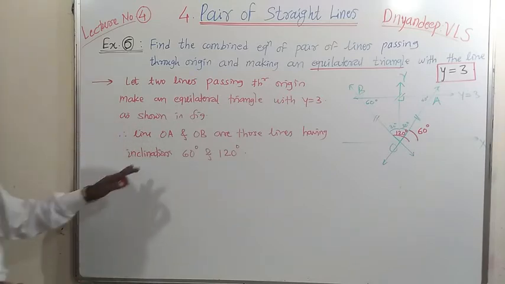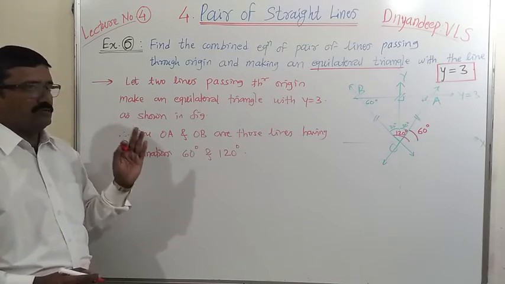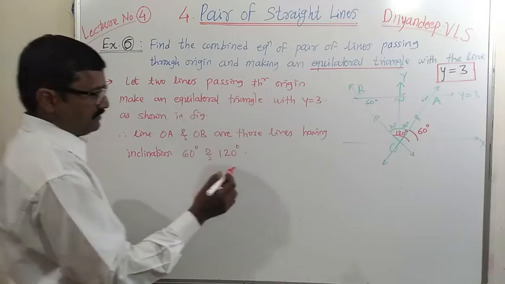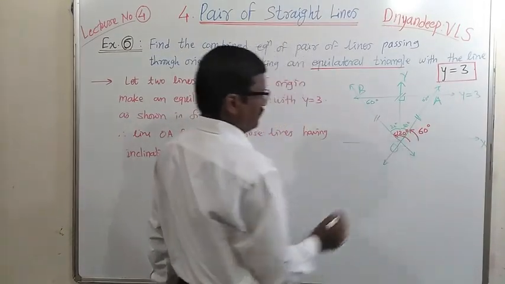These are the inclinations. Inclinations means the angles made by that line with the positive direction of x-axis. Both angles are positive. This is positive 60 degree and this is positive 120 degree.